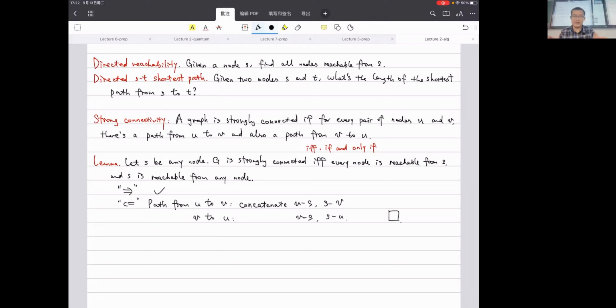Along the concatenation, some of the vertices may overlap, but this is not a problem, so you can make this kind of concatenation.